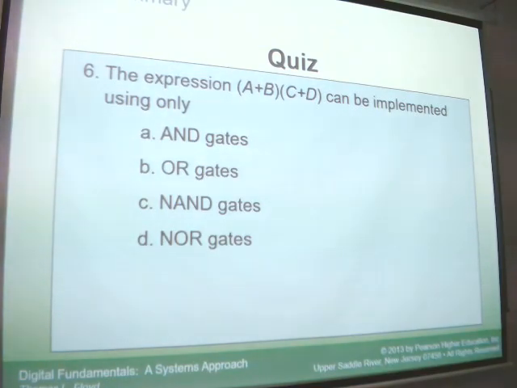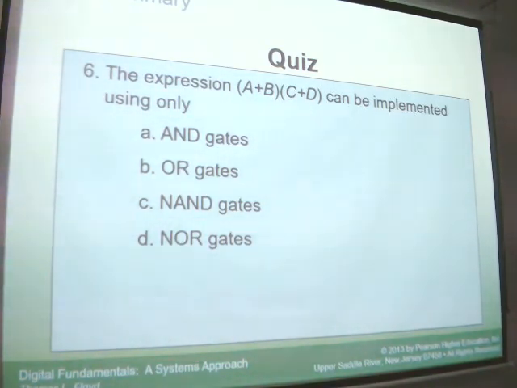We also know that A plus B times C plus D, double bar. For these two parts, it equals A plus B bar plus C plus D bar, right?